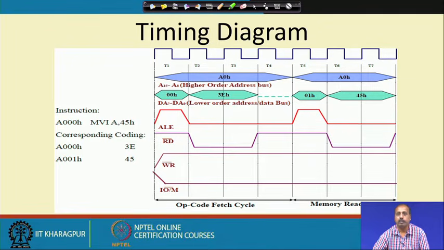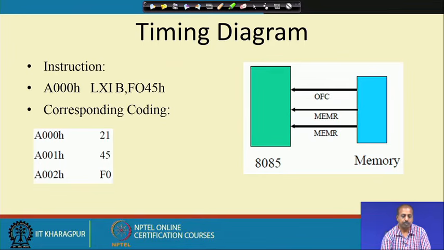Though it is not documented in the manual, it is not very difficult to understand that the decoding takes some time, and this extra clock cycle is put in the opcode fetch cycle most probably for doing that decode operation carefully. So, that is the timing diagram of this MVI A type of instruction.